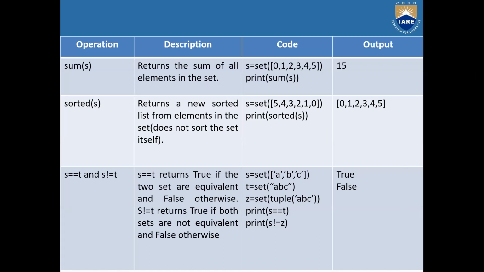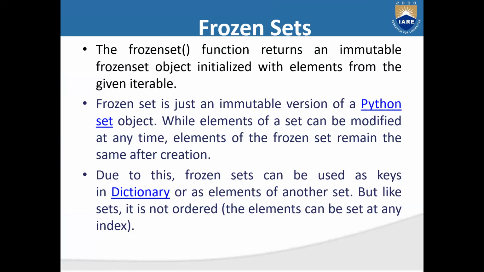Okay. And it will be returning a false value if S is not equivalent to T. For the next one, S is not equivalent to T, it returns true if both the sets are not equivalent and otherwise it will be returning false. Okay. So these are the operations which can be used on sets.